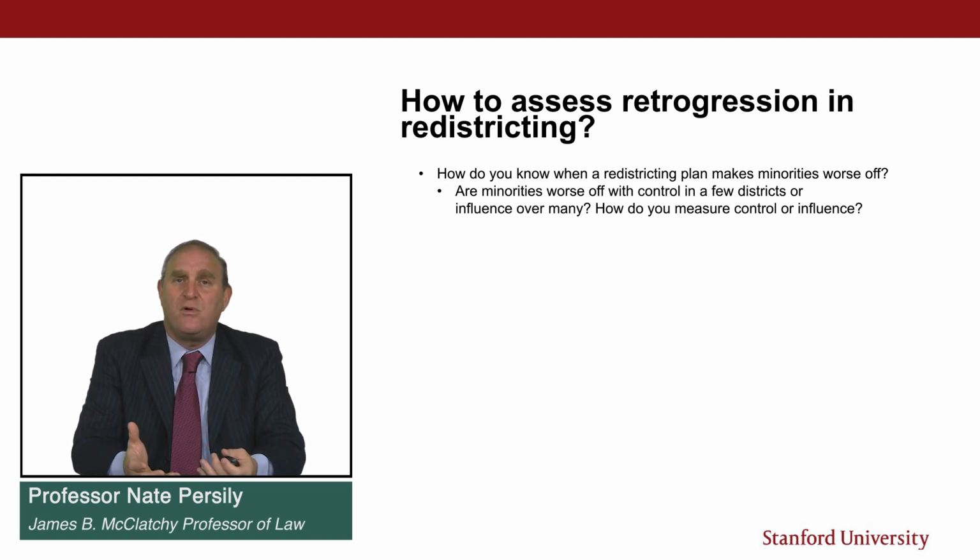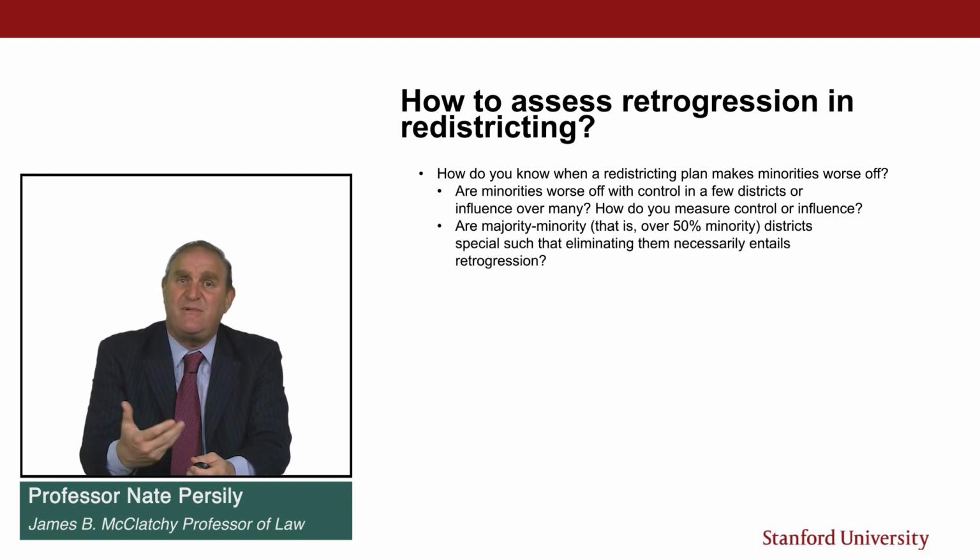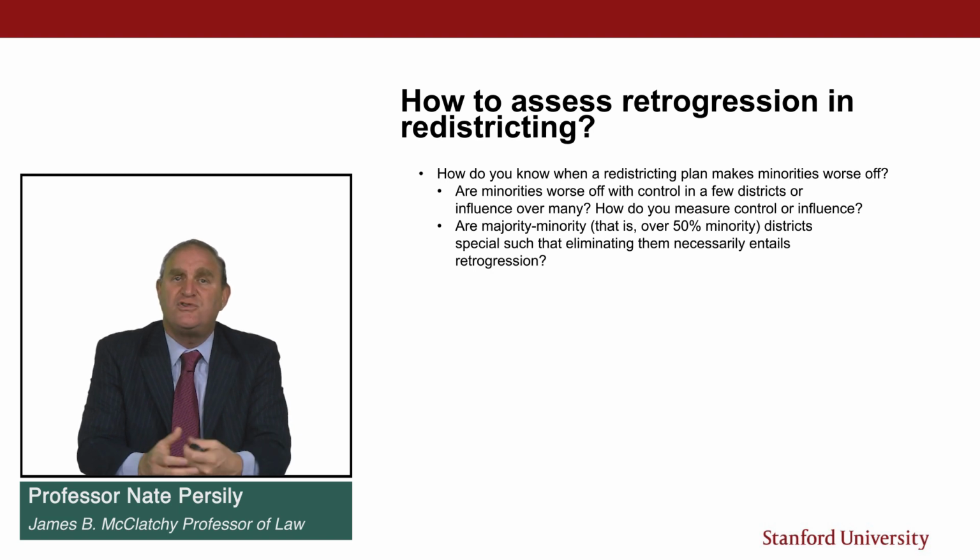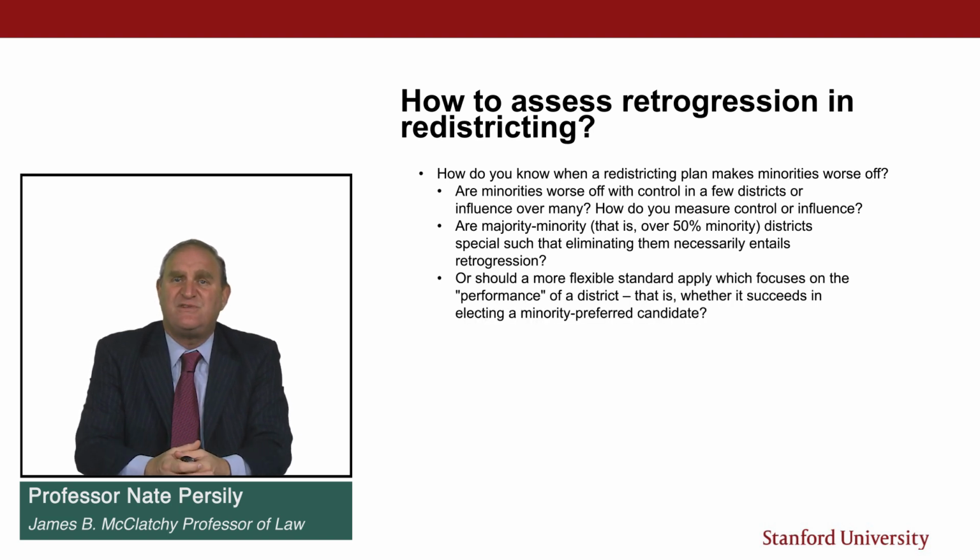So are majority-minority districts, that is, districts that are over 50% minority, special, such that if a jurisdiction eliminates them, that necessarily is retrogressive? Or should a more flexible standard apply, which focuses on the performance of a district, for instance, whether it succeeds in electing a minority preferred candidate?